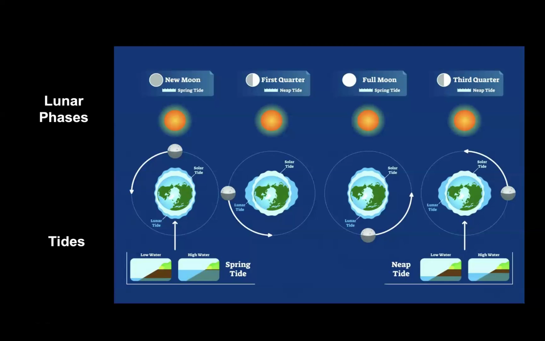That's when we get the neap tides. And again, the neap tides are going to have the lowest amplitude. The difference between high and low tide is going to be the lowest. So some people confuse that, thinking that high tides means the water is always super high, but no, it gets the highest, but it also gets the lowest. It's the change in amplitude.